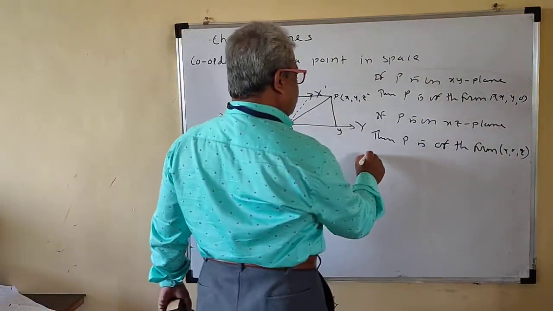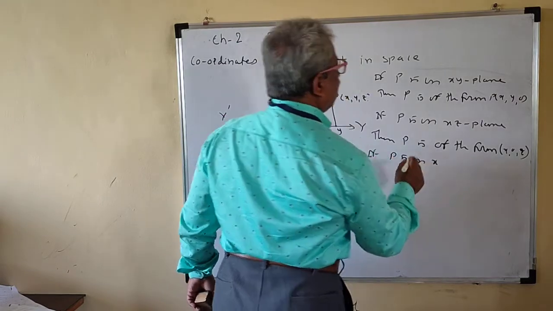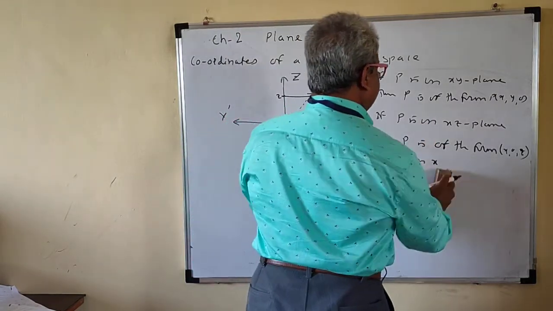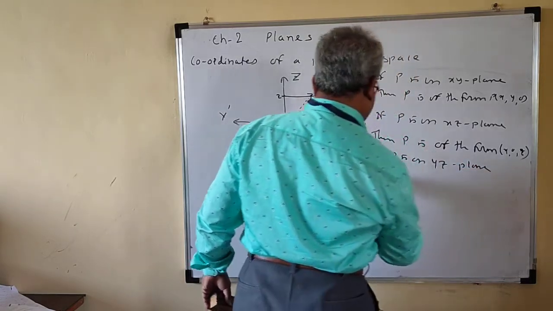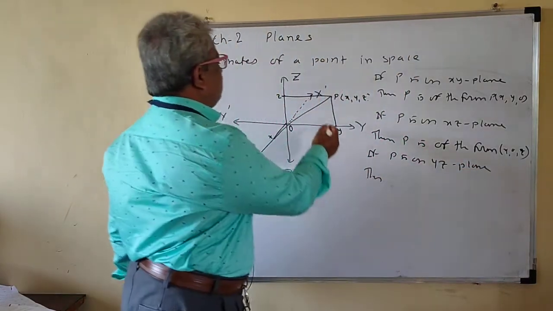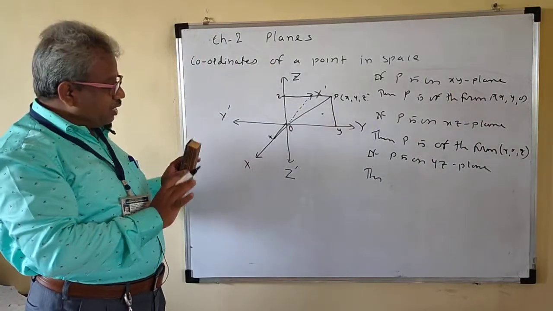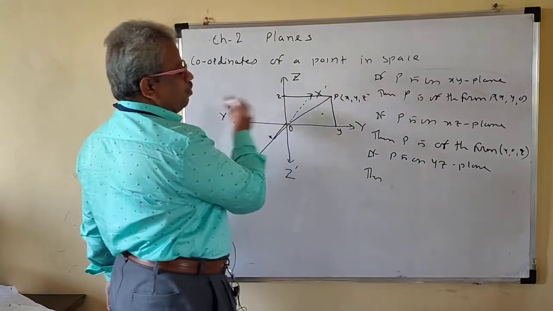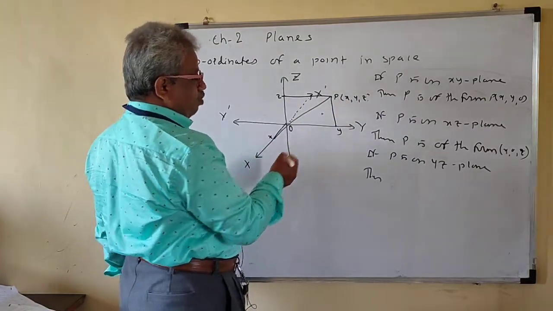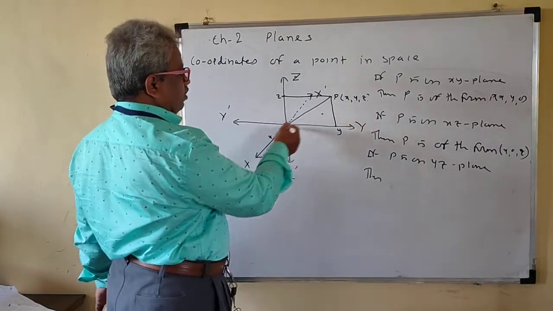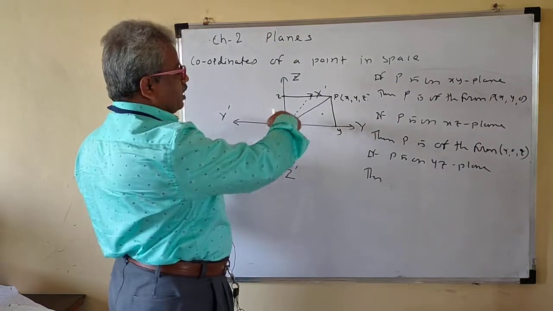Okay. So if p is on the yz plane, this plane is the yz plane, whatever the board is there, because this plane is passing through the z axis and y axis. If you draw a perpendicular to the x axis here, this is your x axis.